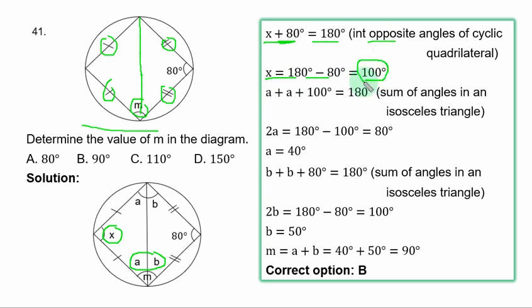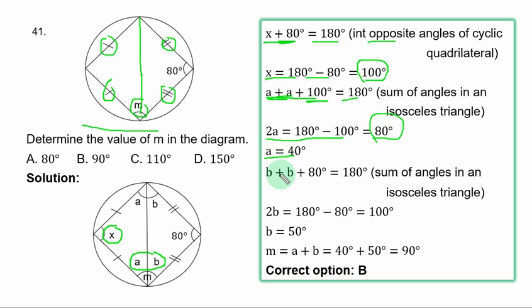In the first triangle, if you add the three angles, the sum is 180 degrees. You transfer this term while you add these two together. You have 2A equal to 180 degrees minus 100 degrees, and that is 80 degrees. Divide through by 2, A is equal to 40 degrees.